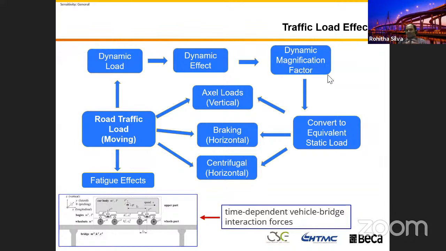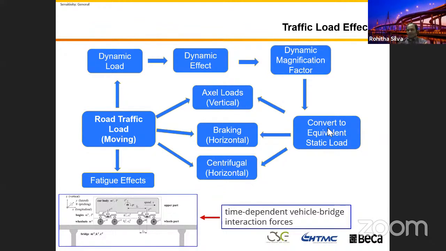This factor calculation for rail bridges and road bridges is very different, and different design codes have a different approach. Therefore, you have to use the numbers as specified in your design code, and with that dynamic magnification factor, your dynamic moving traffic load, you convert into a static load.